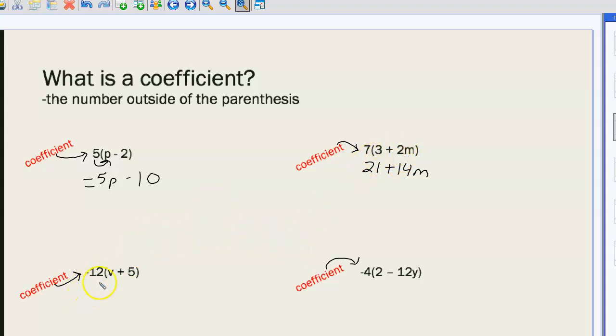Okay, so what do we do with this nonsense? So I have a negative coefficient. It's okay. We do the exact same thing. We just bring that negative sign along. So I have a negative 12v plus, what's a negative 12 times 5? Well, positive 12 times 5 is 60.